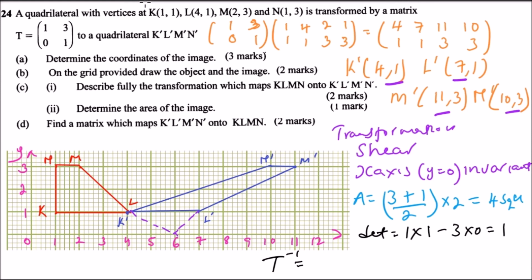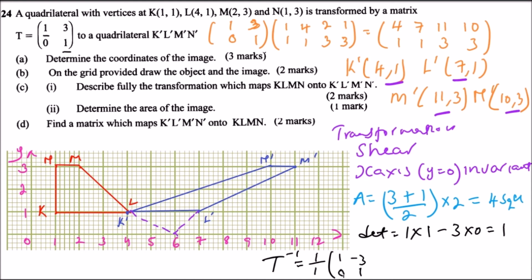So to get the inverse of T, it is 1 over the determinant into a bracket. We interchange the elements of the main diagonal, and because here we have 1 and 1, they remain the same. And then we introduce a negative to the other diagonal. So here we have minus 3, and here we have 0.